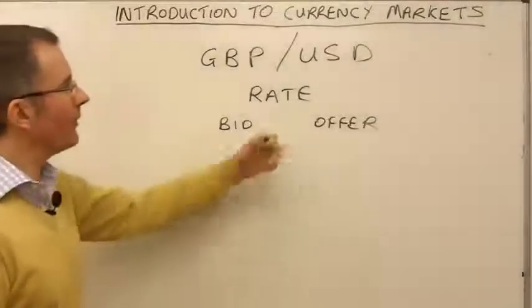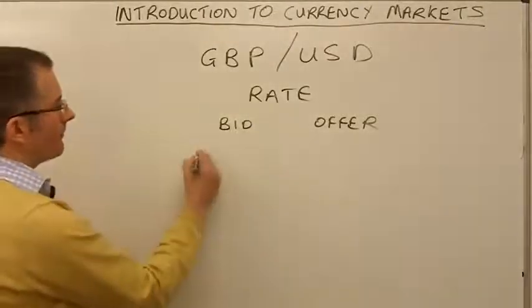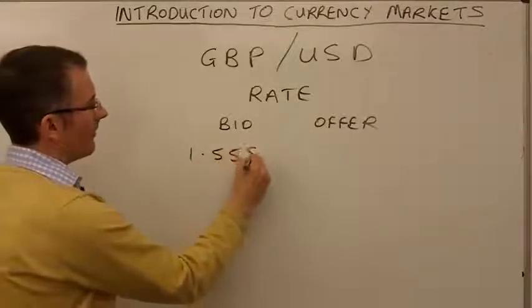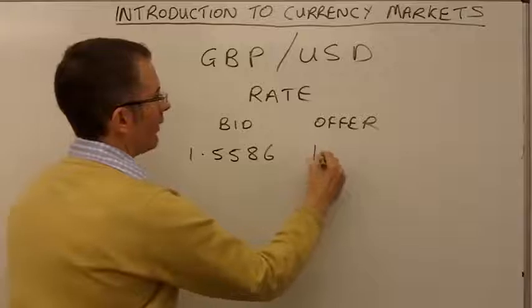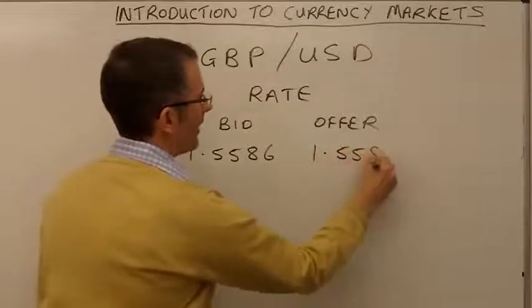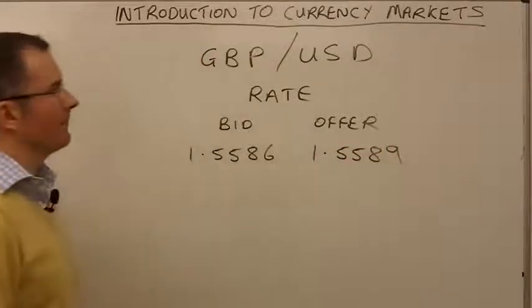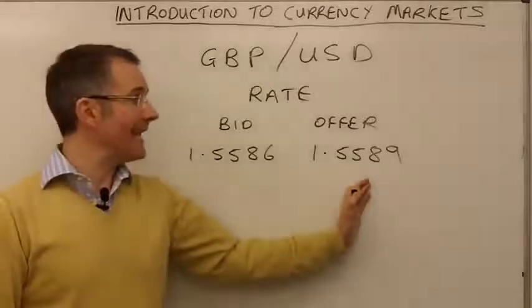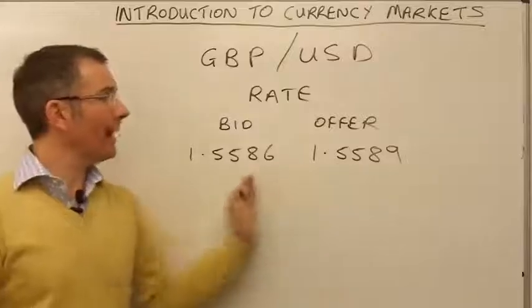So let's put a rate in. For example, maybe we've got a bid rate of 1.5586 and an offer rate of 1.5589. Now, on a screen, it won't necessarily say that this is a dollar rate.